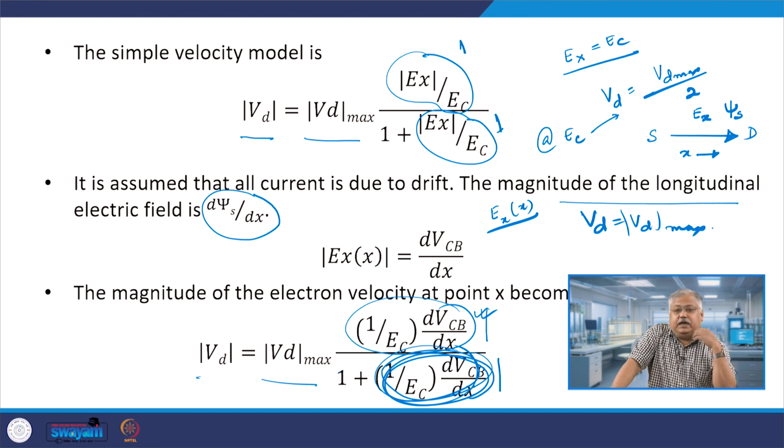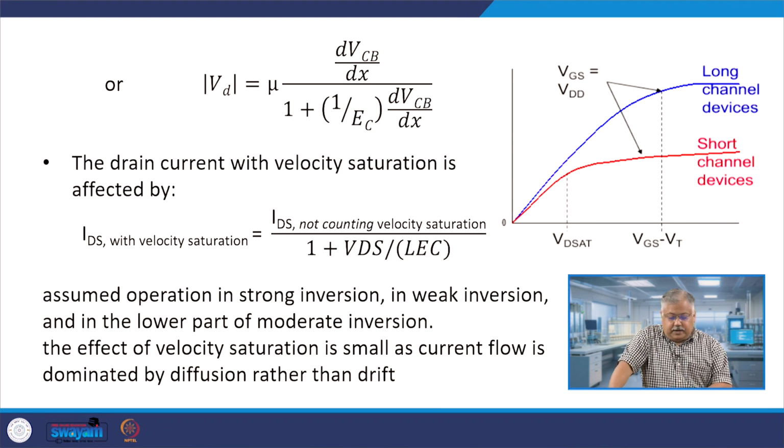So, when your critical electric field is very large, obviously your drift velocity becomes almost equal to the maximum velocity of the charge carriers. And this 1 by Ec means the critical electric field. This critical electric field is again a function of many other quantities, but at this stage we are assuming it to be almost constant, and we will move ahead.